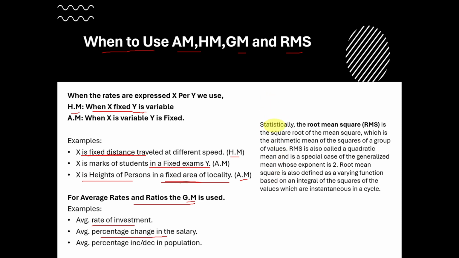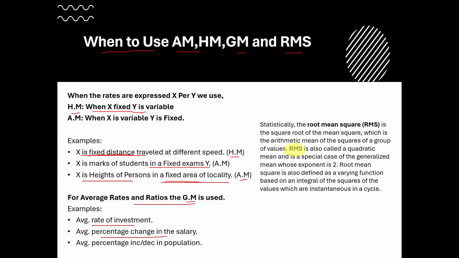Now let's understand what we mean by root mean square. Root mean square is the square root of the mean square, which is the arithmetic mean of the squares of a group of values. We will discuss the formulas of each of them.